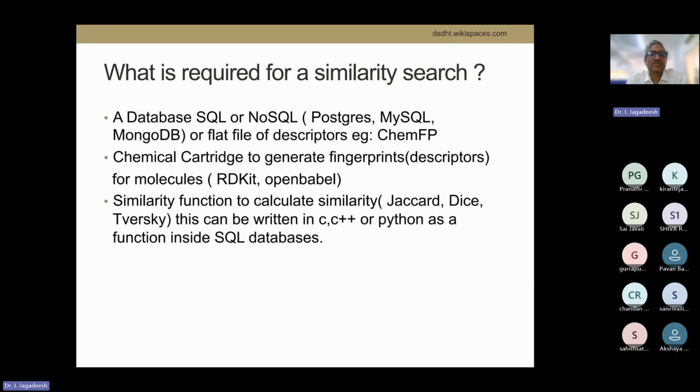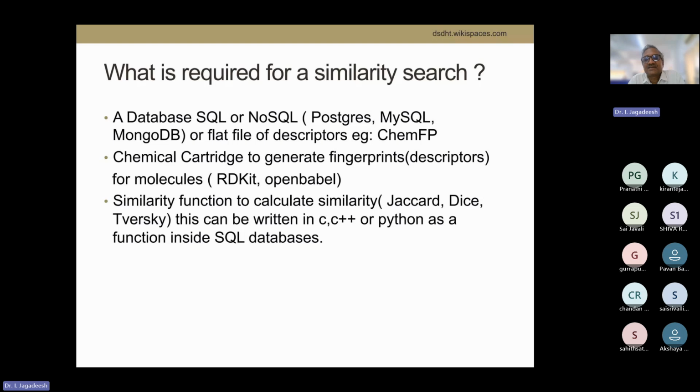So a database, SQL or NoSQL, based on that, Postgres, MySQL, MongoDB. These are all the flat file descriptors for the chemical similarity functions. You can use ChemFP. As a chemical cartridge to generate the fingerprints and descriptors for the molecules, we have got RDKit and OpenBabel.